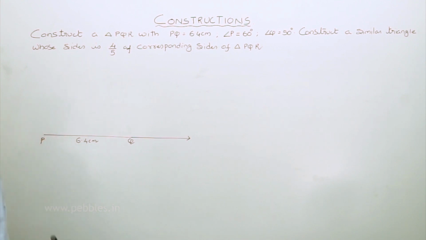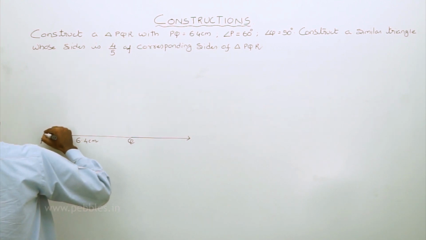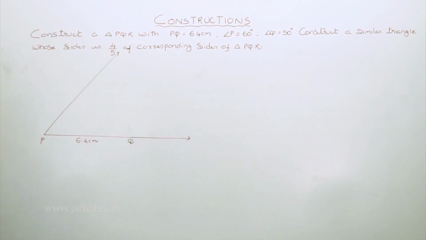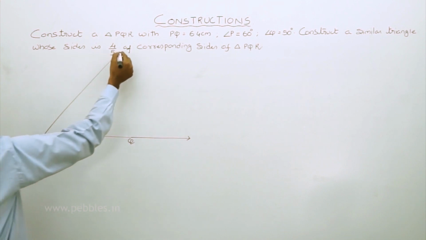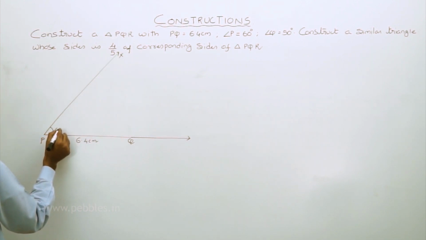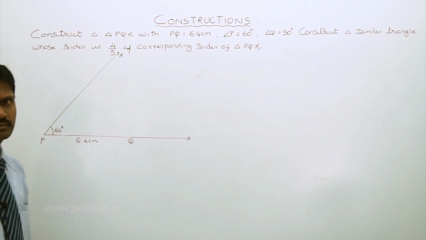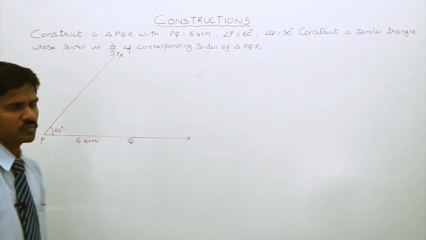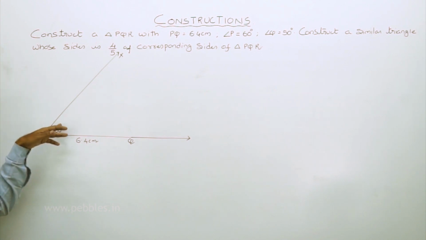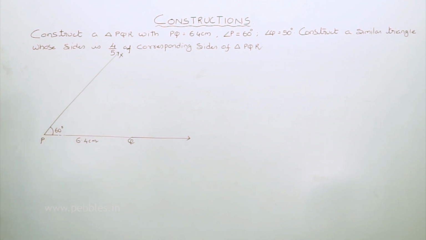At P, produce this up to X, angle P equal to 60 degrees, by using the protractor at P and marking 60 degrees.